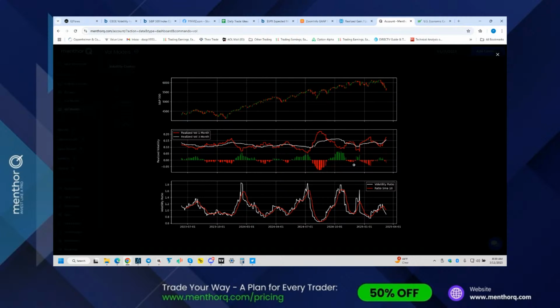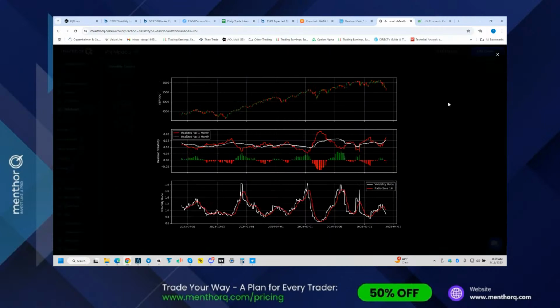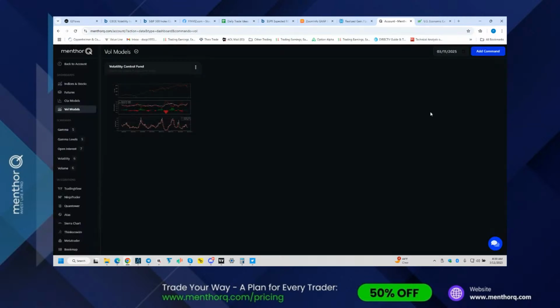But long story short, it's going to be a while until they start buying again. The short version of that story is it's going to take a while until we get help from CTAs and hedge funds and all that kind of stuff. We're probably looking at more selling, less allocation there.